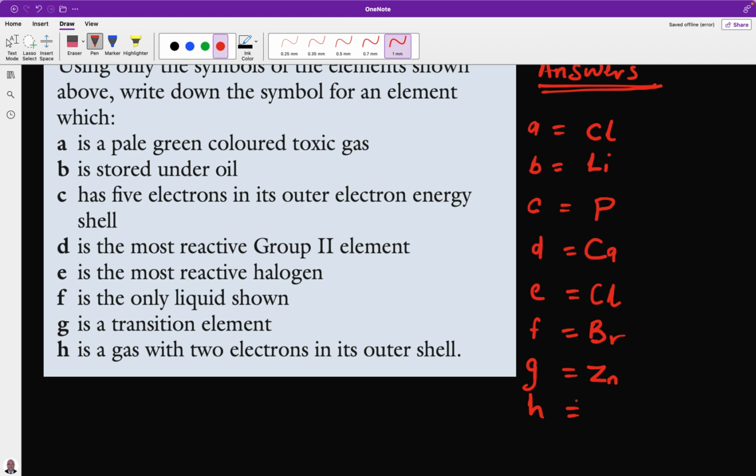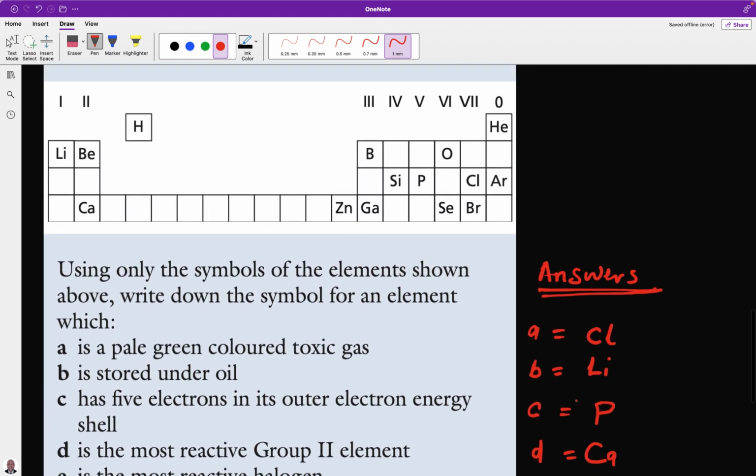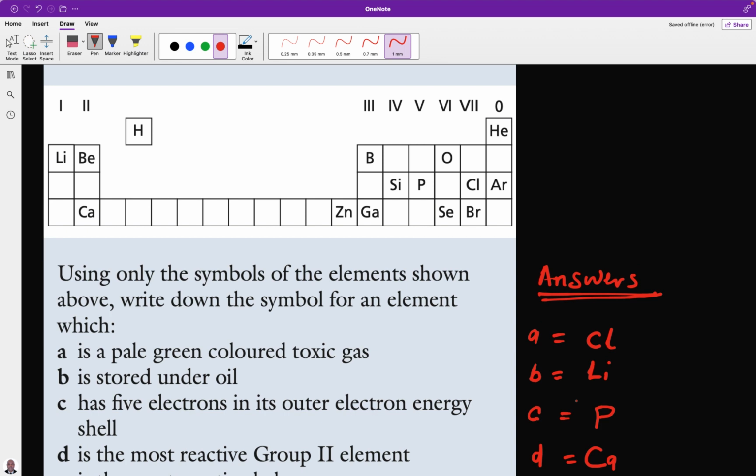We might have said it is a group 2 element, but it is not. Group 2 elements are metals, they are not gases. So which other element in this periodic table is a gas and has only 2 electrons in its outermost shell?